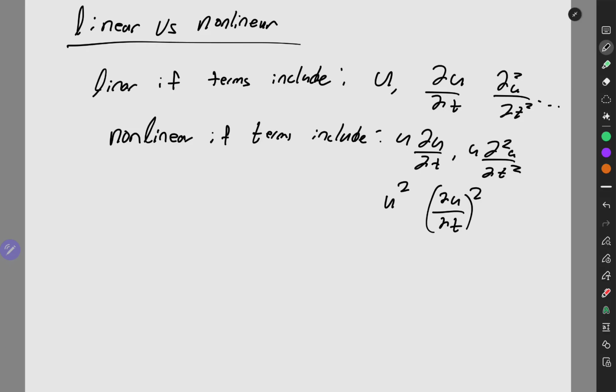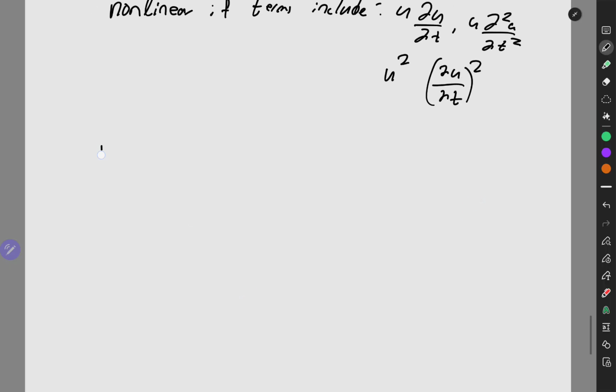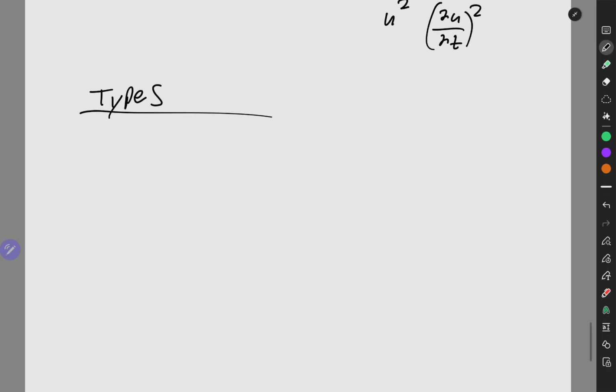Now, really quick, I just want to go over a few types of PDEs. And we're going to go over this more at the very end of the series. We typically classify PDEs by their order, like their highest derivative involved, and like their behavior, which falls into three main categories. So the three main categories are called elliptic, parabolic, and hyperbolic PDEs.